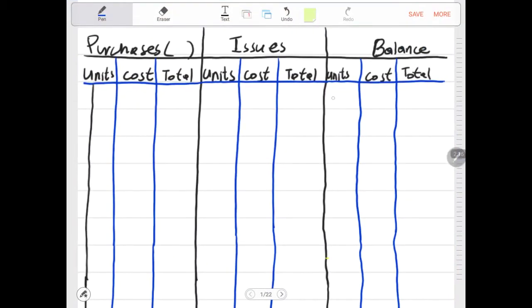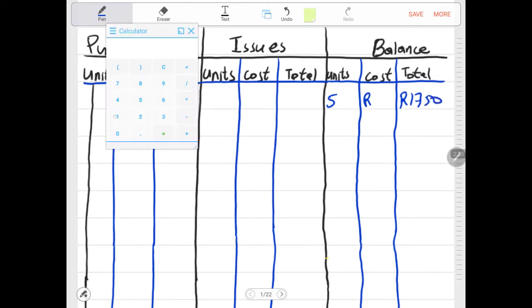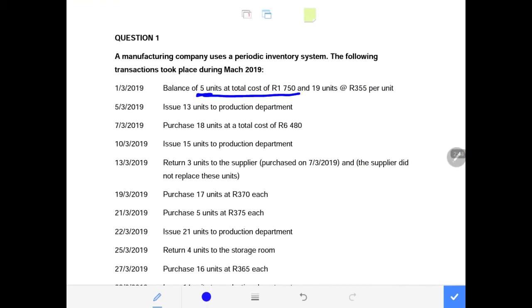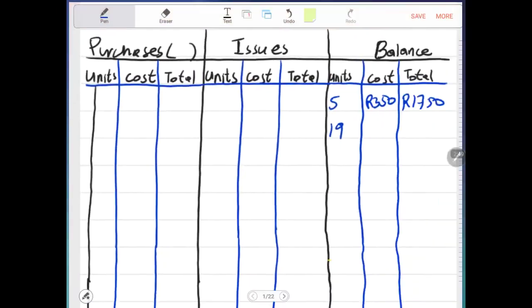We have a balance of 5 units that were bought at a price that we don't know, but the total is 1,750. So we have to say 1,750. We divide this by the number of units so that we get to know how much was the cost for each of the units. And again, we have 19 units that were previously bought at a price of 355 rands.